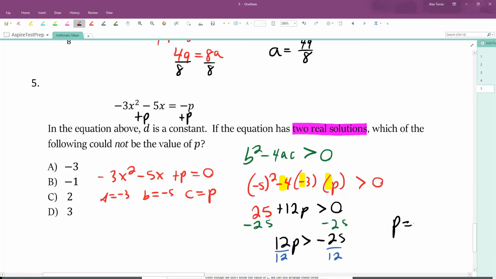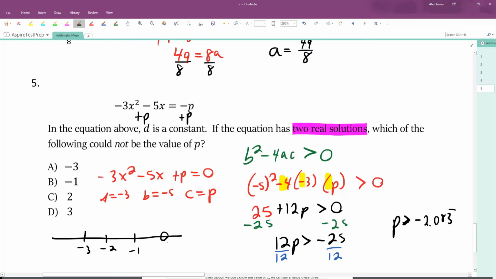And p is greater than negative 25 over 12, which is, once again, negative 2.083 repeated.